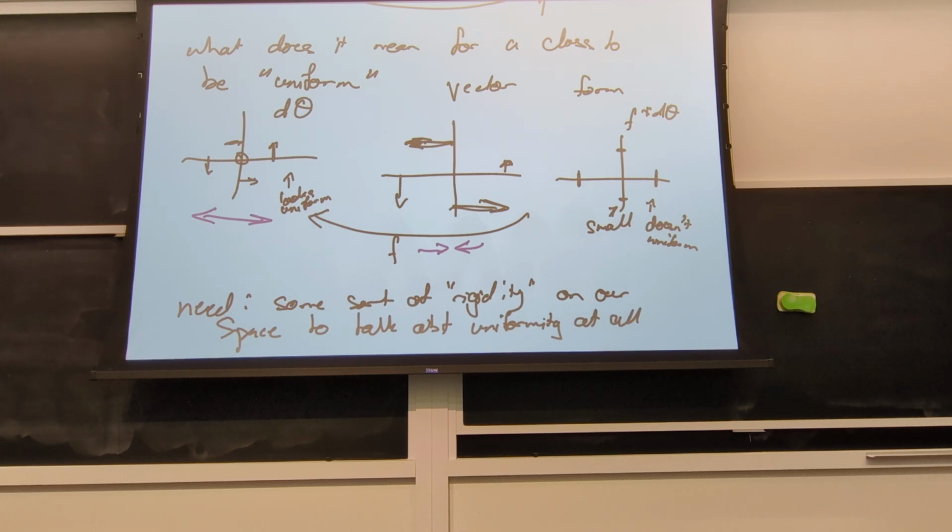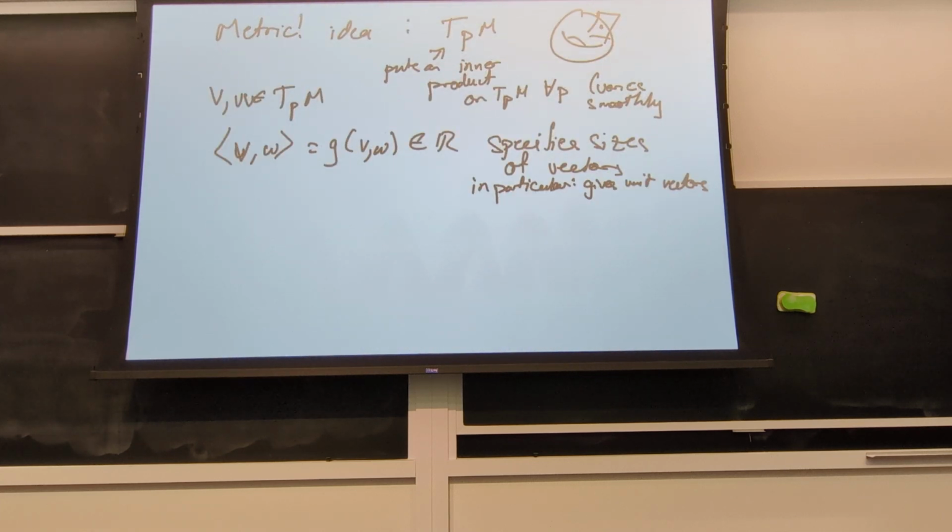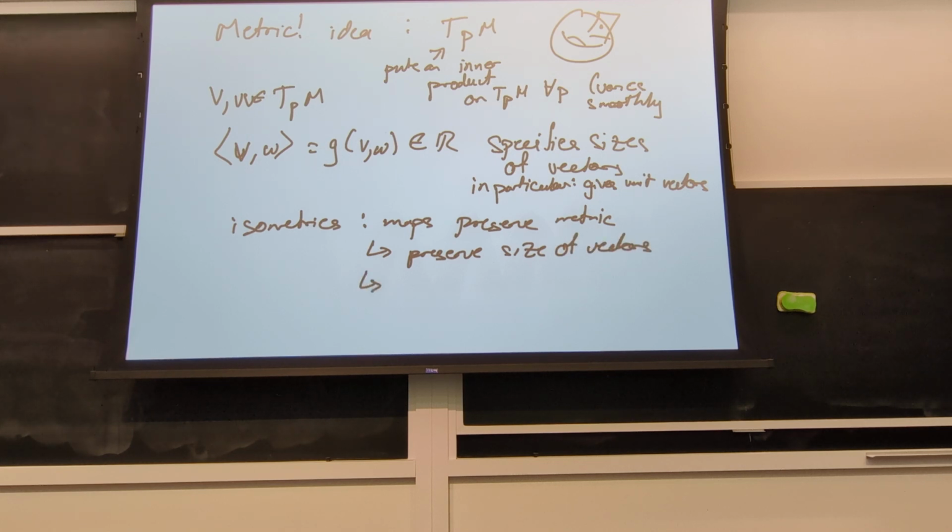If you're looking at isometries, which are maps that preserve the metric, then this will preserve the size of vectors, which will mean that it will preserve the size of the forms. And so that means that it will preserve this uniformity idea that we want. So in some way, we're going to want to tie this uniformity back to a metric.